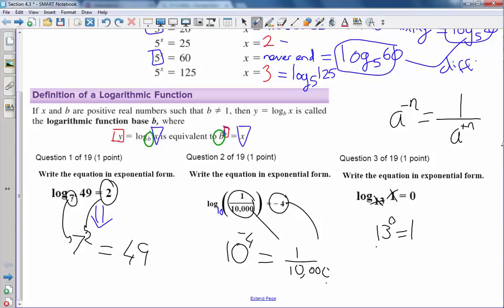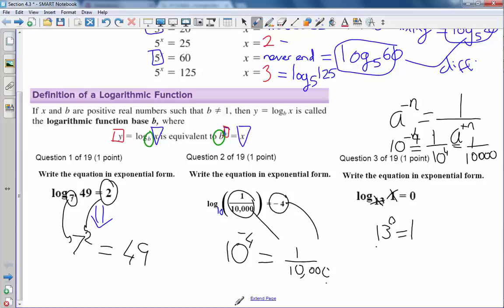So you have here 10 raised to the negative 4, which is 1 over 10 to the 4th. But 10 to the 4th is 10 times 10 times 10 times 10, which is 10,000. So yeah, this equation really makes sense.